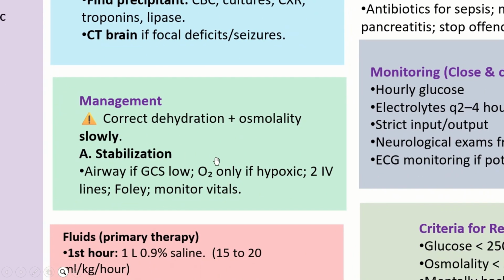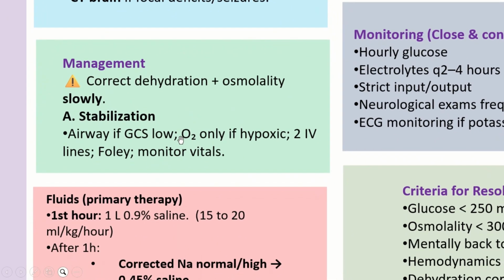Then the management: you want to correct dehydration. Most of the time when you correct dehydration, even the sugars are going to go low, because the high sugars are happening because of concentration, because of the decrease in the amount of water in the intravascular space. As you correct dehydration and osmolality, you're going to have a lot done with the management, and it has to be done slowly.